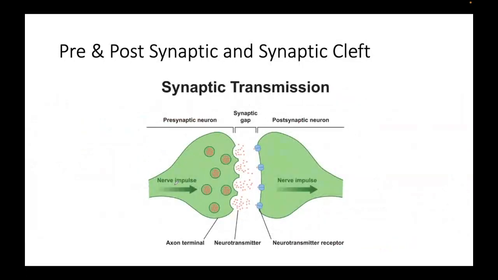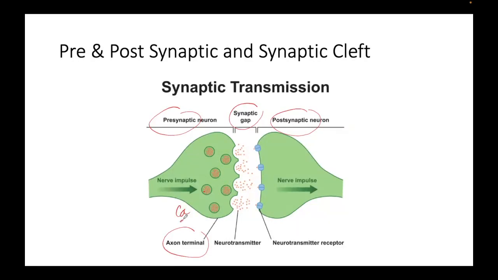Here's another picture. You have your presynaptic and your postsynaptic, pre and post, and the synaptic cleft in between. There's the axon terminal, and at the end is the end bulb. These are the vesicles with the neurotransmitter.